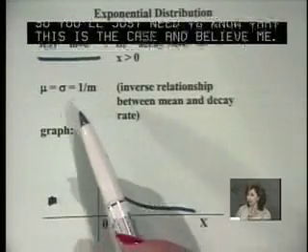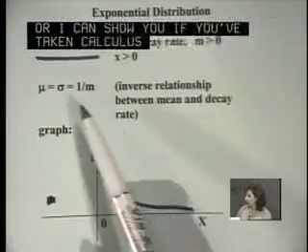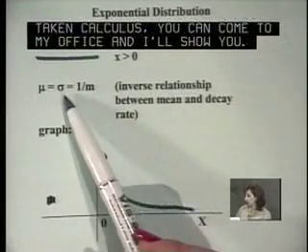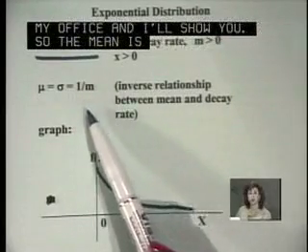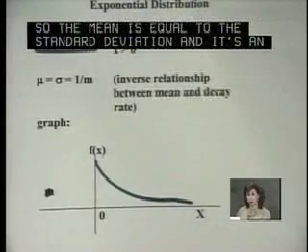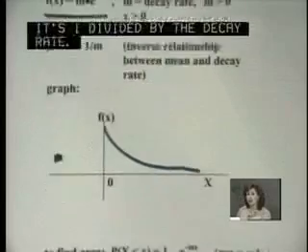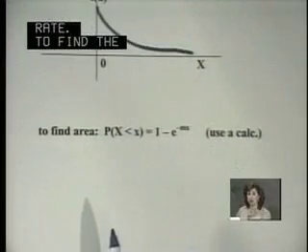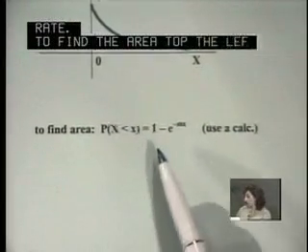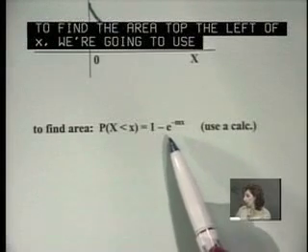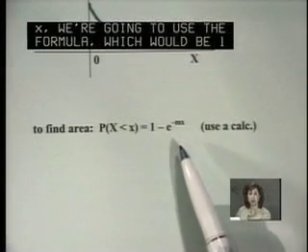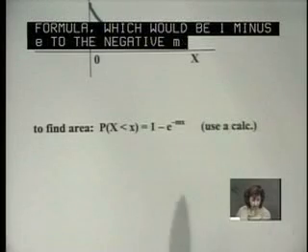If you've taken calculus, you can come to my office and I'll show you. So the mean is equal to the standard deviation, and it's an inverse relationship with the decay rate. It's 1 divided by the decay rate. To find the area to the left of x, we're going to use the formula 1 minus e to the negative mx, and we're going to use a calculator for this.